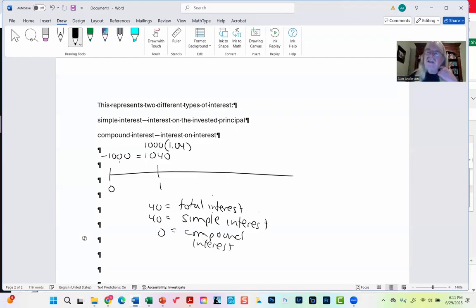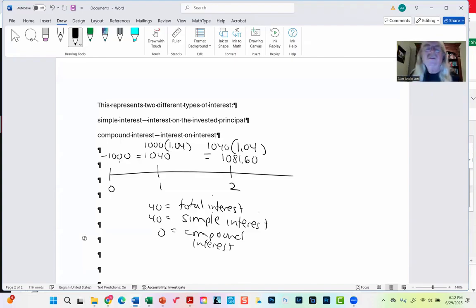Now, at the end of the second year, we're earning a 4% return, not just on the original $1,000, but on 1,000 plus the $40 interest we earned in year one. So that's going to bring my balance to $1,081.60.